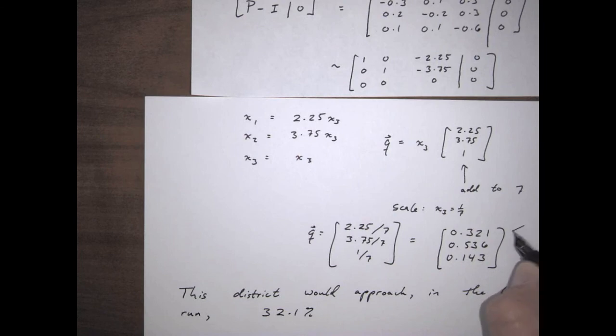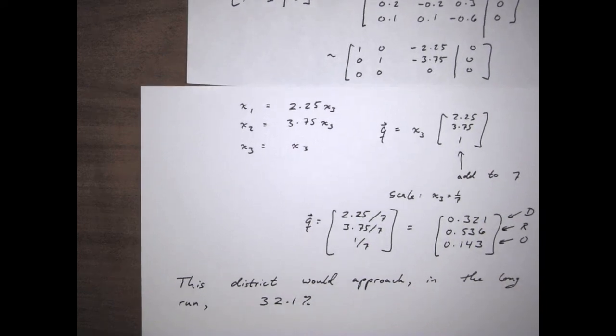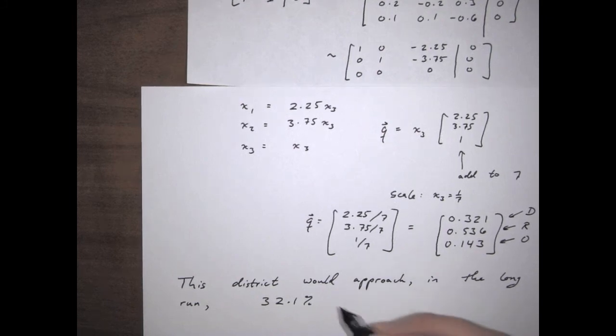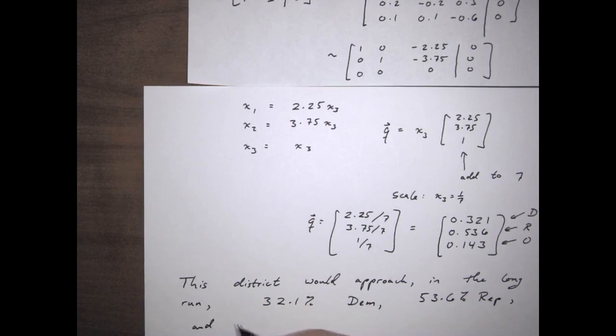And so these are D, R, and O. They fit the same order as however you set up the P. So it would approach in the long run 32% Democrat, 53.6% Republican, and 14.3% other.